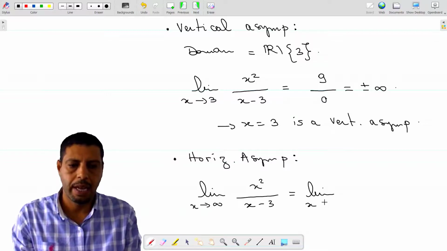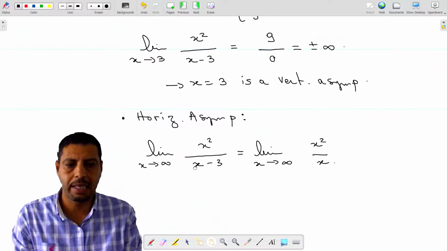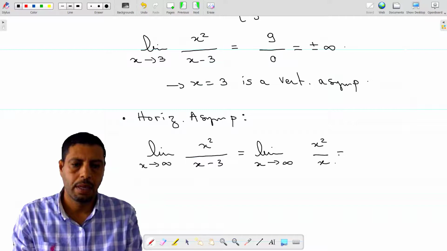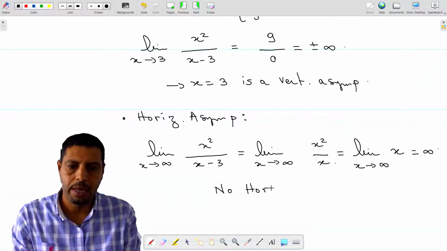So the limit as x approaches infinity of x squared over x. The leading terms are x squared and x here. And as you can cancel the x, it's equal to the limit of x as x approaches infinity. And this limit is infinity. So the limit at infinity is infinity. It's not a constant. So no horizontal asymptote as x approaches infinity.